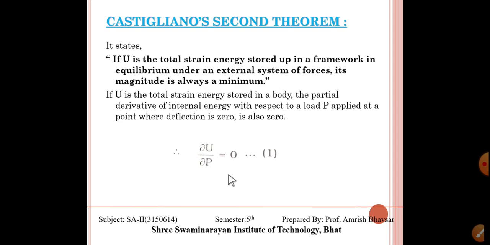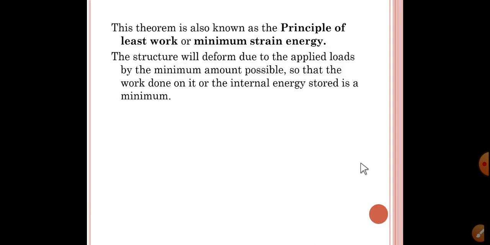So this is our one condition, and this condition helps us find the unknown reactions when there are more than 3. This theorem is also known as the principle of least work theorem, as I discussed, or minimum strain energy. Whenever deflection is 0, the energy stored is 0. So, zero energy or minimum strain energy we can call that.